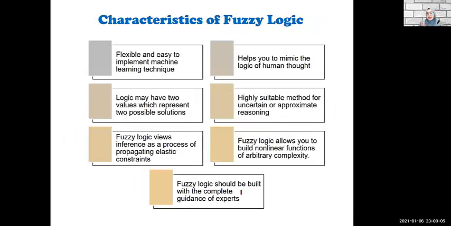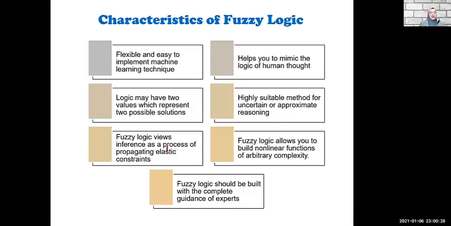What are the characteristics of fuzzy logic? First, flexible and easy to implement machine learning technique, it helps you to mimic the logic of human thought. Logic may have two values which represent two possible solutions. Highly suitable method for uncertain or approximate reasoning.